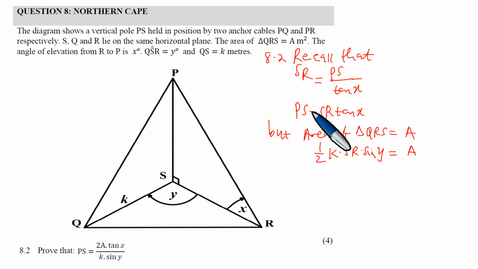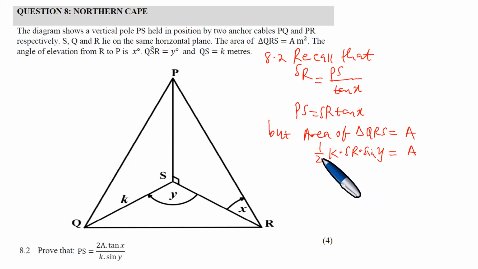Okay, so what do we get out of these? We can simplify these here because the area has been given, but we also found the area as well. So now we need to just find SR out of this.